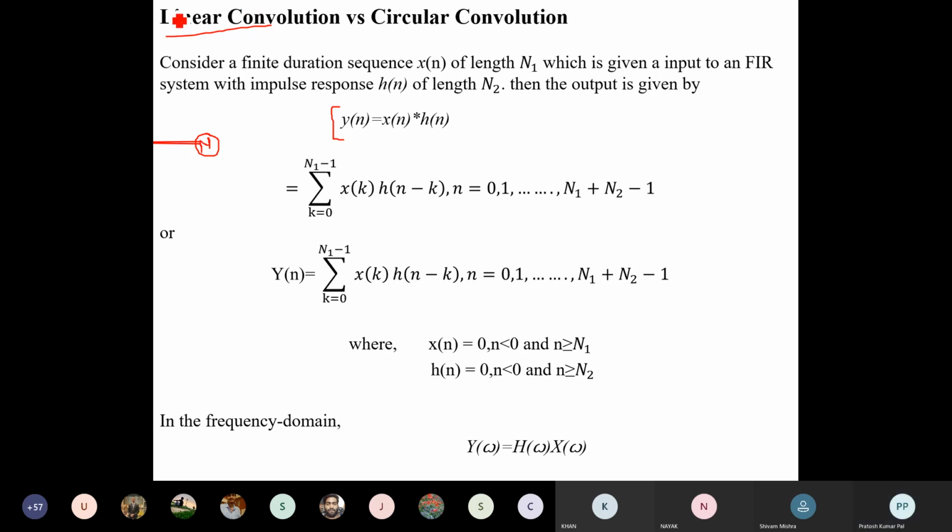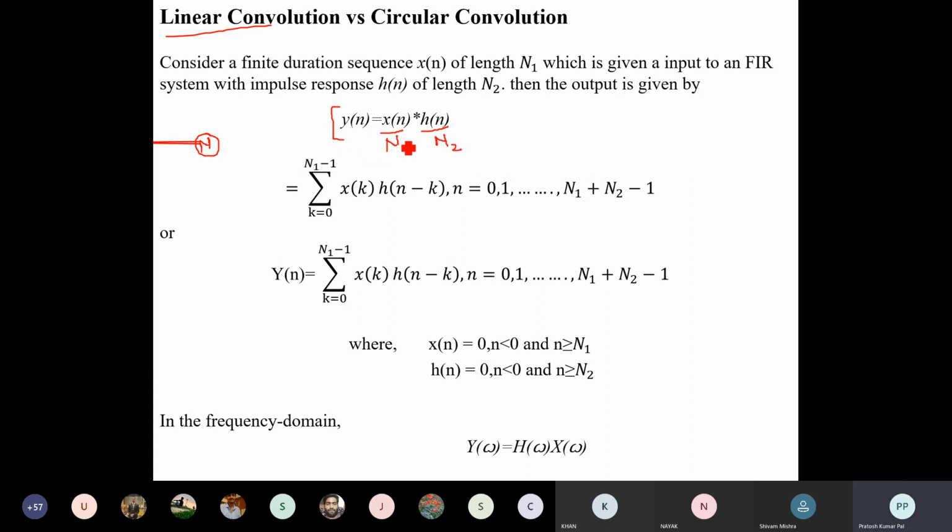So here we can see, suppose the x n signal is having n1 length, that means n1 number of samples are there inside this x n input. Similarly h of n is having a length of n2. So the number of samples in h n is n2.